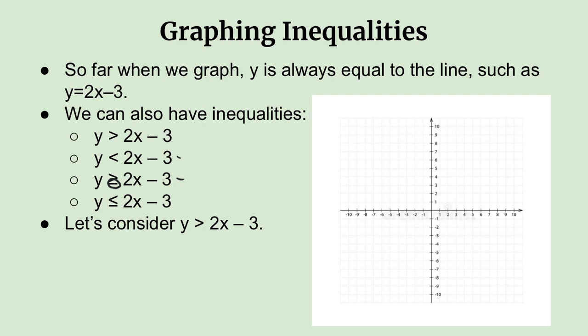So we're going to consider y is greater than 2x minus 3. What we're going to do here is graph that line. So 2x minus 3, start there, we go up 2 over 1, and then we graph our line. Just like that. And now we're going to pick 3 points.